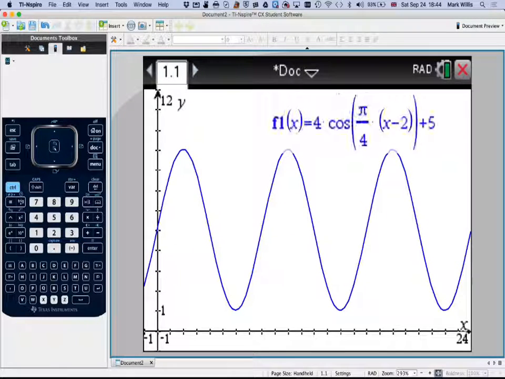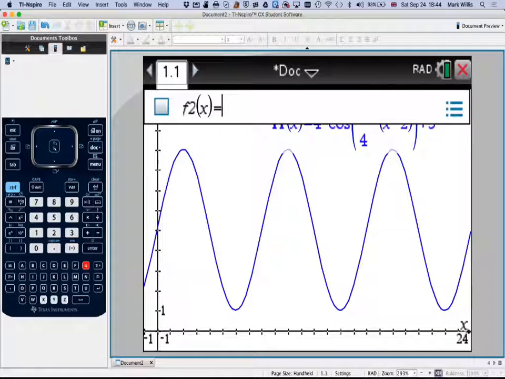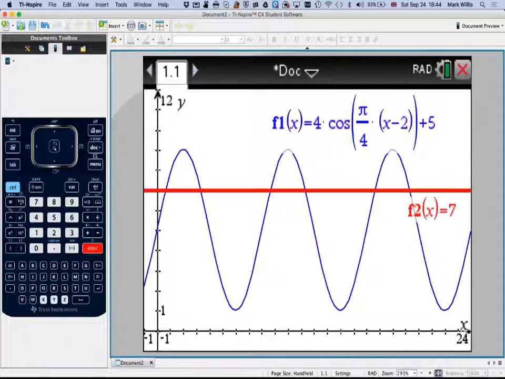This is a good chance for you to check the graph goes through 2, 9, because that's the point we were trying to find. Now we need to put on the other graph, so control G gives us the line there. We want 7, and we're only interested in the second period, which is this period here. We're not interested in the first period.